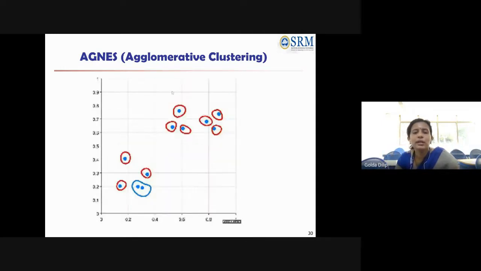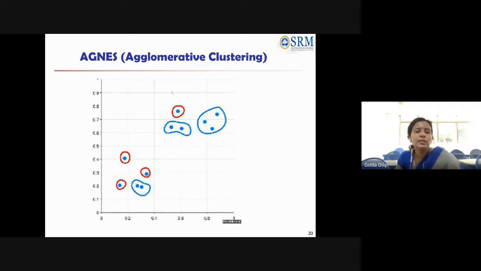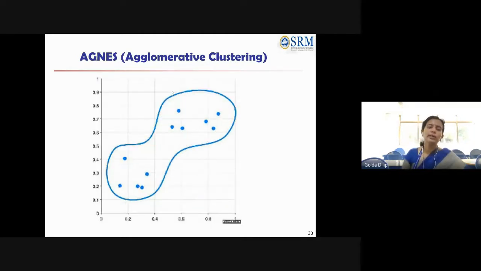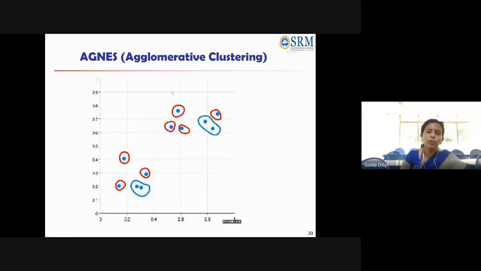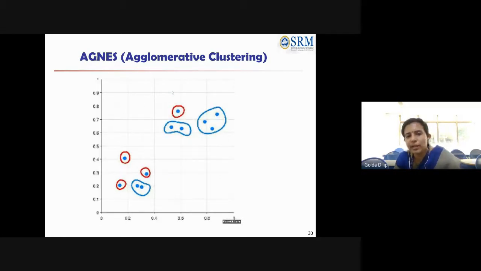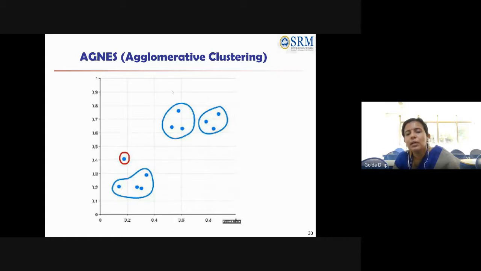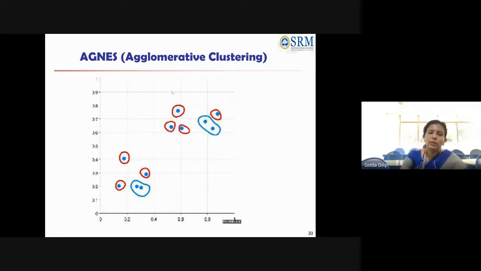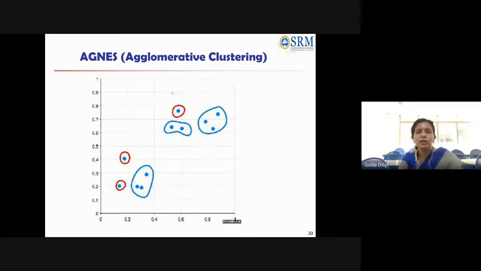The process continues till you land up with a single cluster. That's how agglomerative clustering happens. I hope you can see the animation. Finally, you land up with a single cluster. So that's what agglomerative clustering is all about.